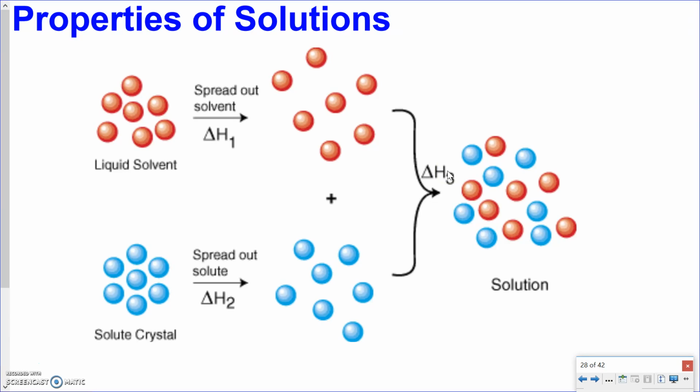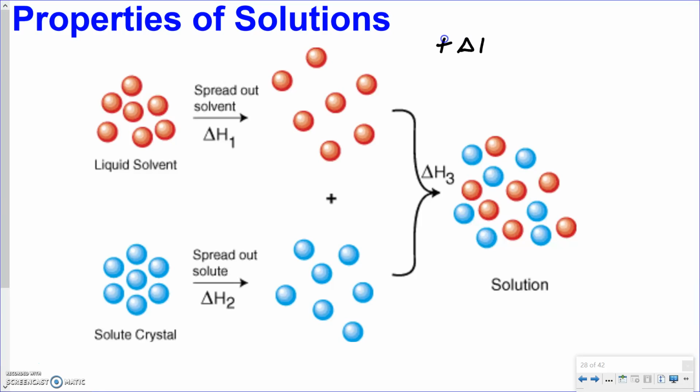And let's talk about that positive and negative, because I don't think that's something we've really discussed. Endothermic means it's requiring energy. And when we talk about thermodynamics and we talk about enthalpy, we are always looking in terms of the system. So if it's endothermic and it requires energy, that means the system gained energy.